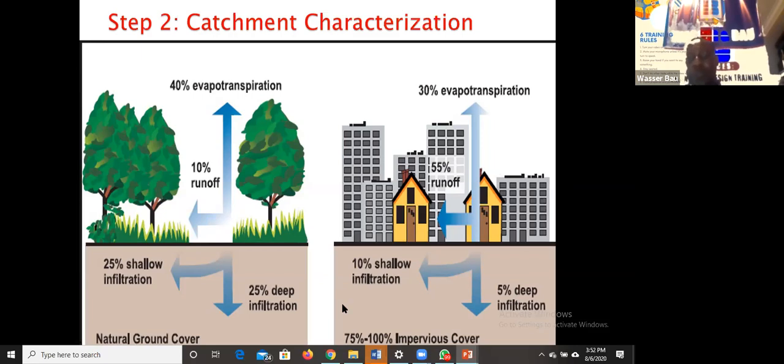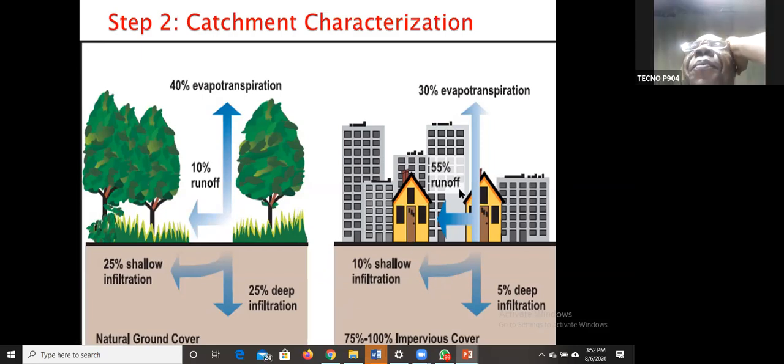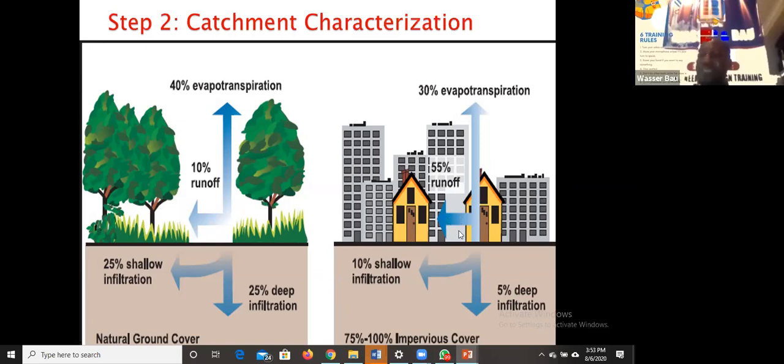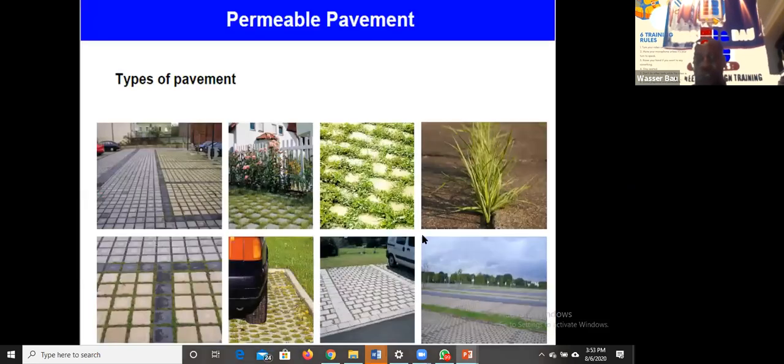But look at a built-up area. 55% runoff, 55 massive percent, only 5% deep infiltration, 10% shallow infiltration. So you see, if you are designing here, the size will be so huge, so massive, while the size here won't be that much.